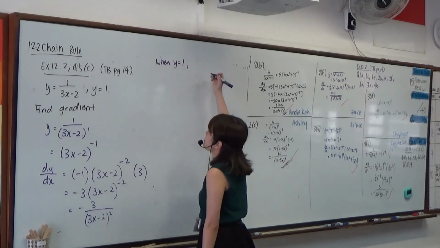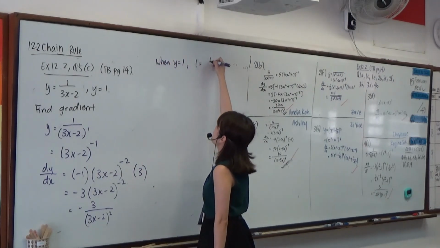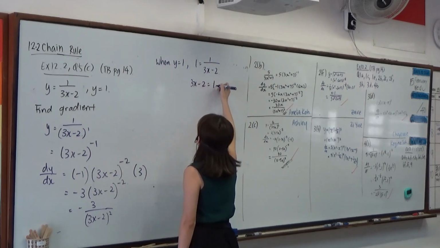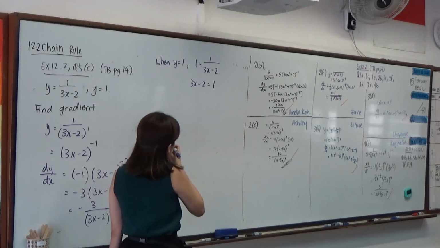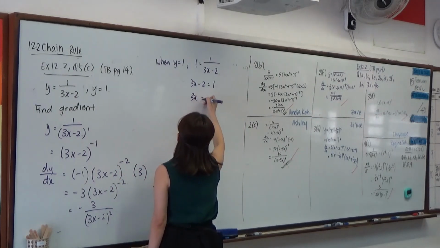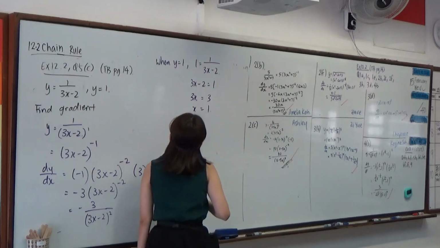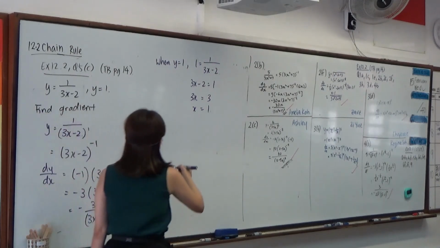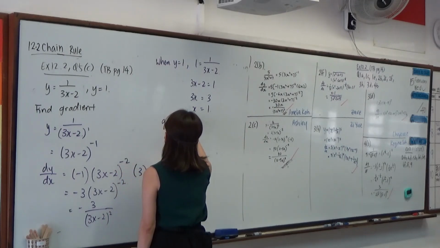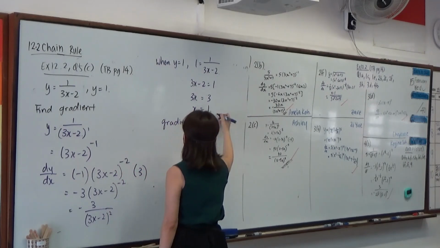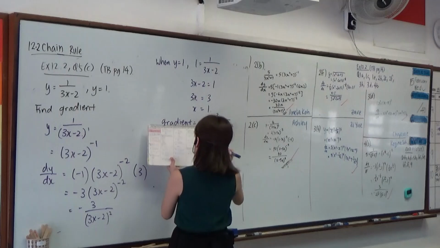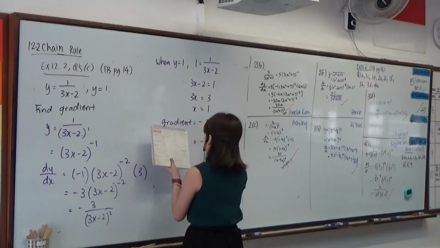An additional step is required. When y equals 1, we have 3x minus 2 equals 1 upon cross multiplication, and we find that x equals 1. Then I make use of this x value to find the gradient, and that gradient would be negative 3.